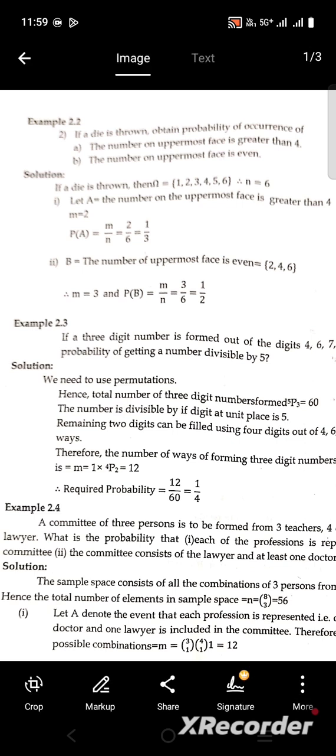First we find the total sample space, which consists of all combinations of 3 persons from 8 persons. The total of 8 persons is 3 teachers, 4 doctors and 1 lawyer.